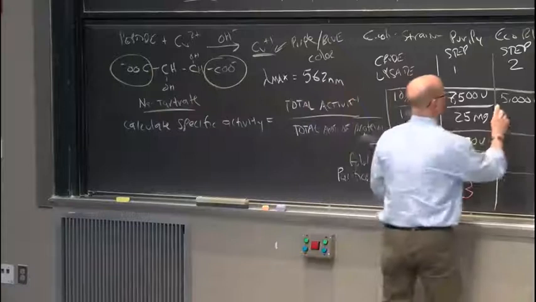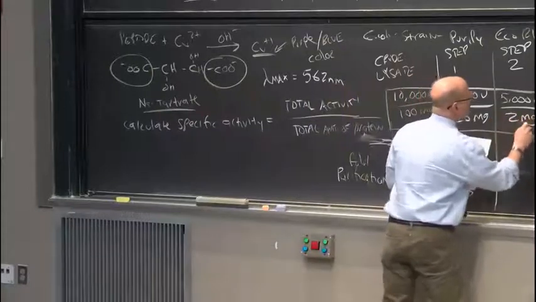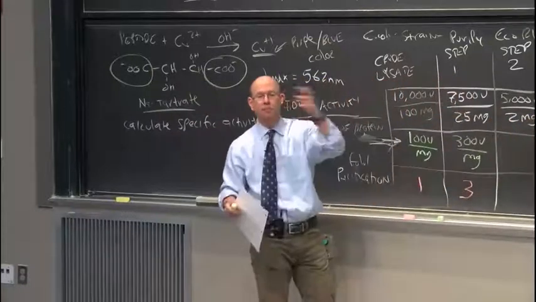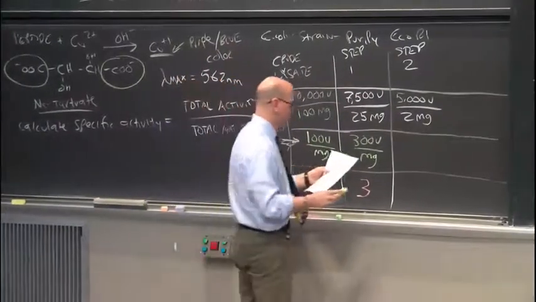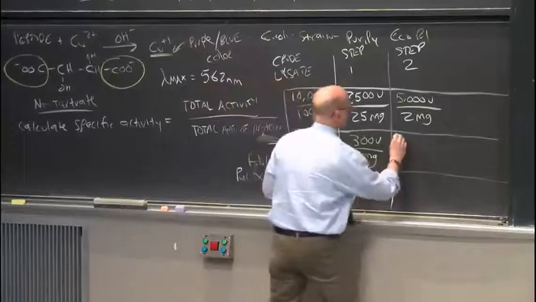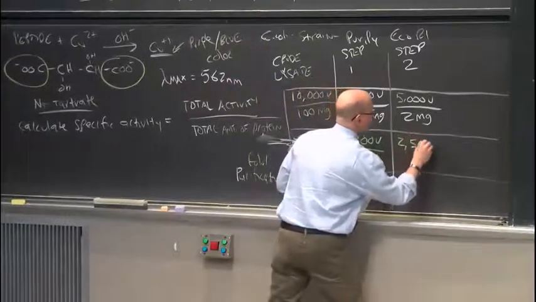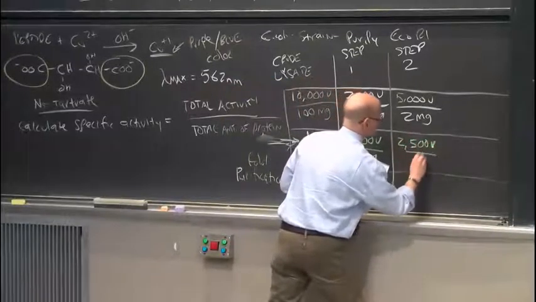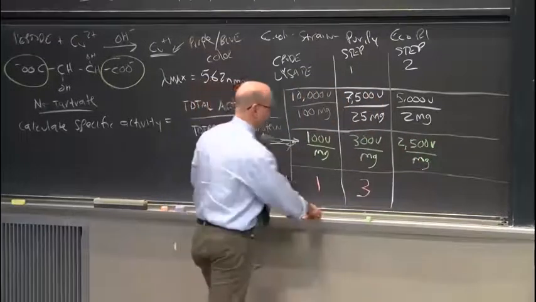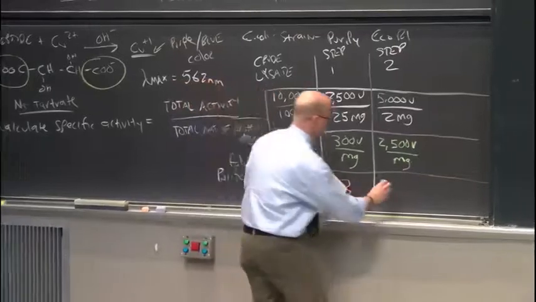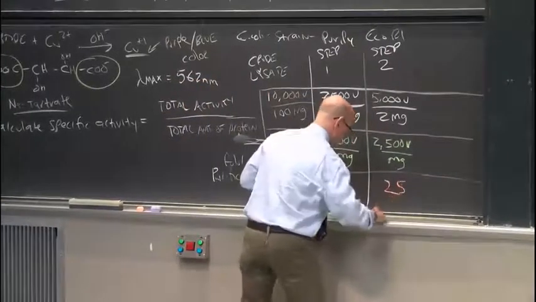But now I find this 5,000 units turns out to come out in only 2 milligrams of protein, because all the protein that wasn't what I wanted, I got rid of by ion exchange chromatography. So this means that now I've got 2,500 units per milligram of protein, specific activity. And I started at 100, so how much purification did I get? 25-fold.